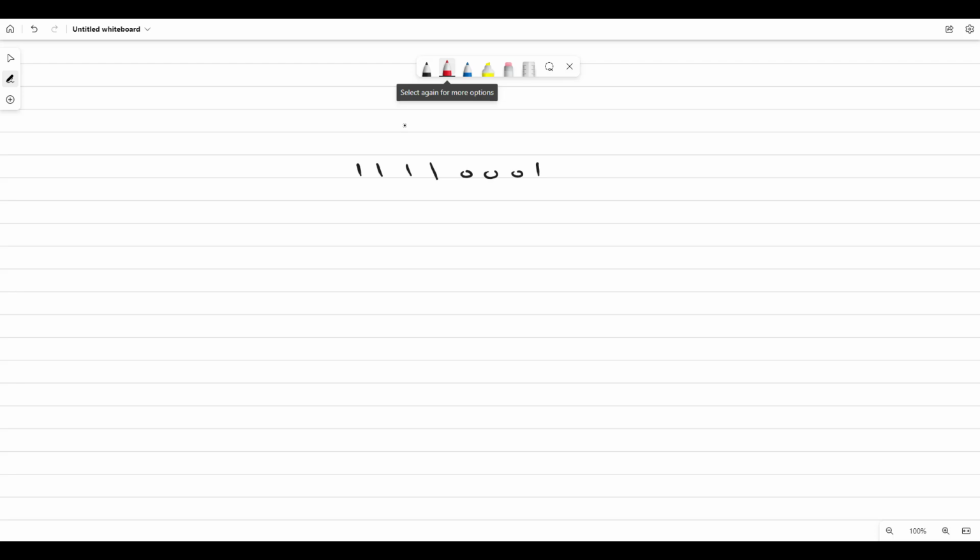So 2 to the power of 0, which is 1, 2 to the power of 1, 2, 4, 8, 16, 32, 64, and 128. Then add the numbers that are corresponding to 1 together. So we have 1 plus 16 plus 32 plus 64 plus 128.